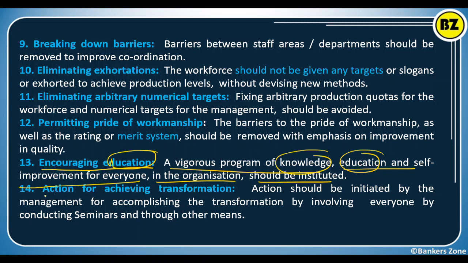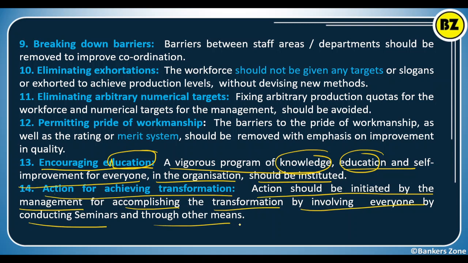Apart from that, action for achieving the transformation means action should be initiated by the management for accomplishing the transformation by involving everyone, by conducting seminars or through other means.